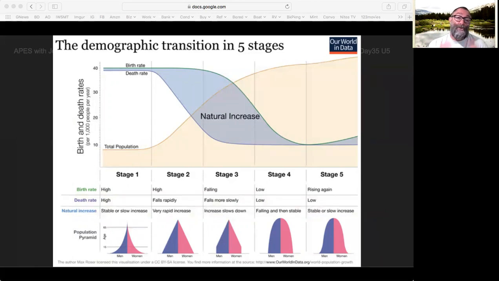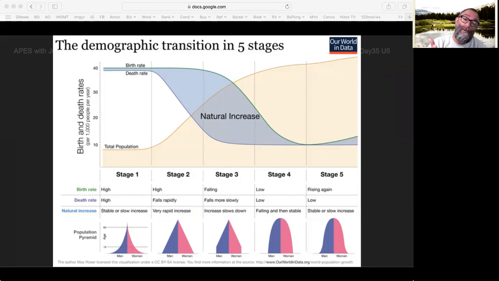You also have a short life expectancy. Even though you have a ton of babies, not many of them make it to 5, and then not many of them make it to 10, and then very few of them make it to the teens. And so you have this rapid taper at the bottom, which means you don't have good chances of living long. Average life expectancy might be 30 years, 35, maybe 40 in a population like this.